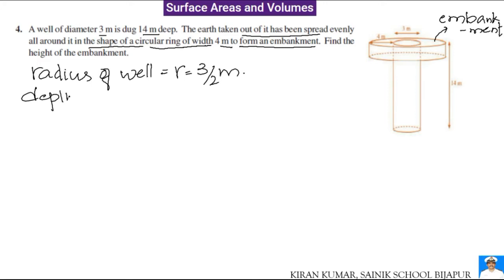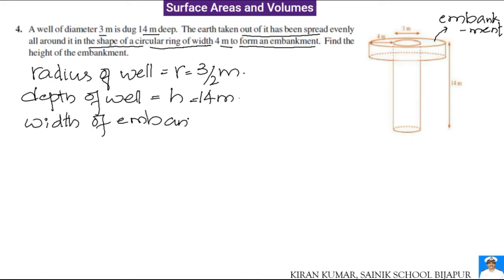The depth of the well is nothing but the height, which is 14 meters. They have also mentioned the width of the embankment. Pardon, 4 meter. Width is 4 meter.